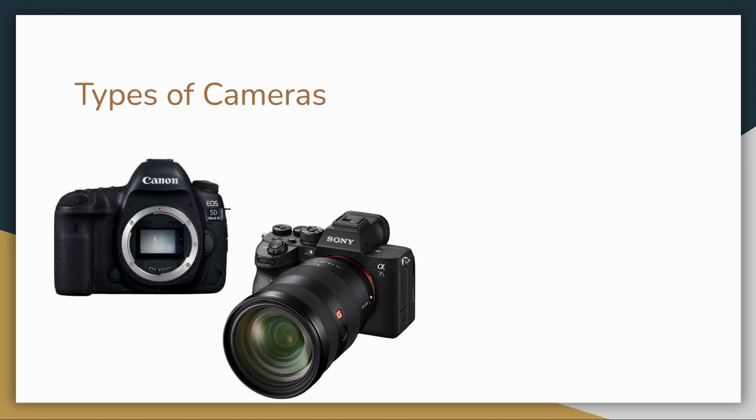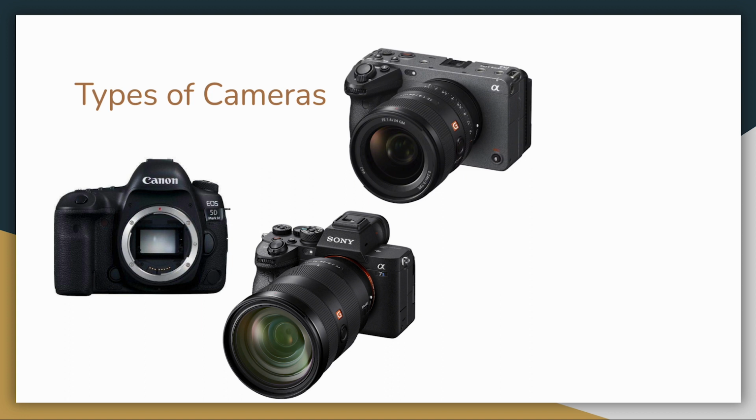And now we get into the prosumer range. These are for the people that have been doing this for a long time, need a proper video camera, but don't have the budget for or need for a cinema camera. And these are the entry-level cinema cameras. This is a fairly new type of camera, as before there was a really thick line between consumer and professional video cameras.